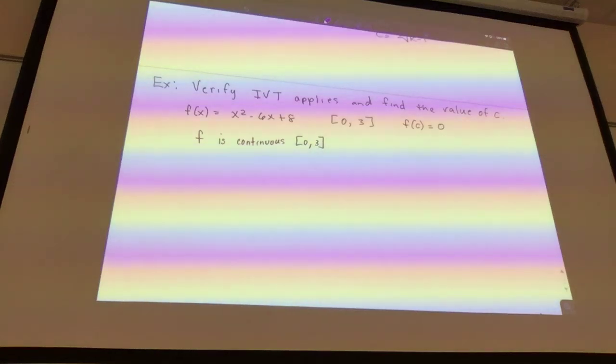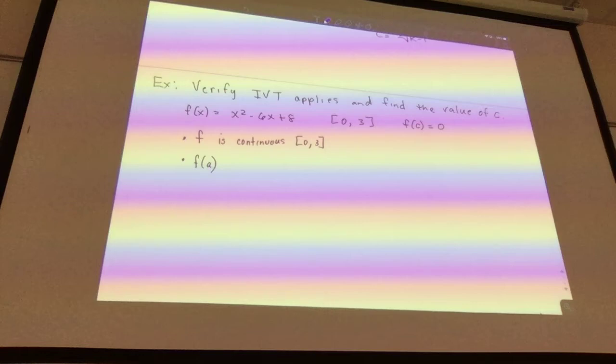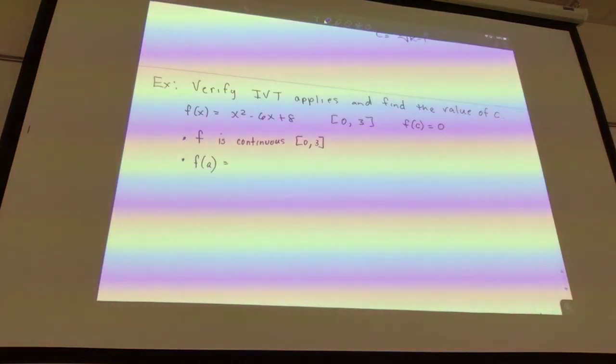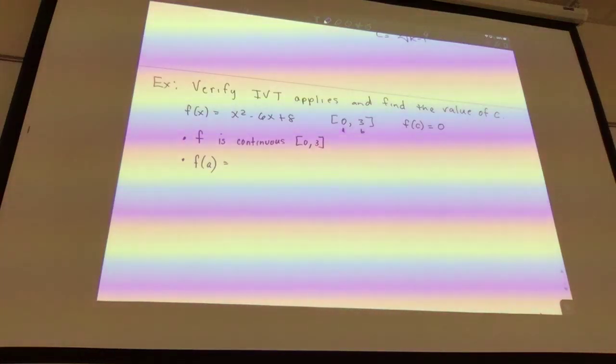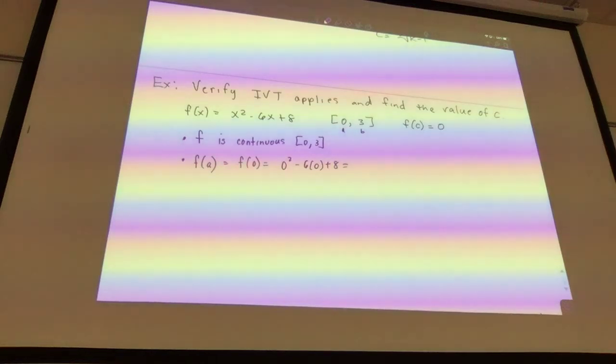So some things that I'm looking at. The next thing I'm going to do is what? F of A, F of B, collect your data. Okay, we know we need for intermediate value theorem, we know F of A. So F of A means, what's our A in this one? And what's our B? 3. So let's do f of A, which would be f of 0. 0 squared. You don't have to do zeros, but I'm going to plug it in just so you have a paper trail.